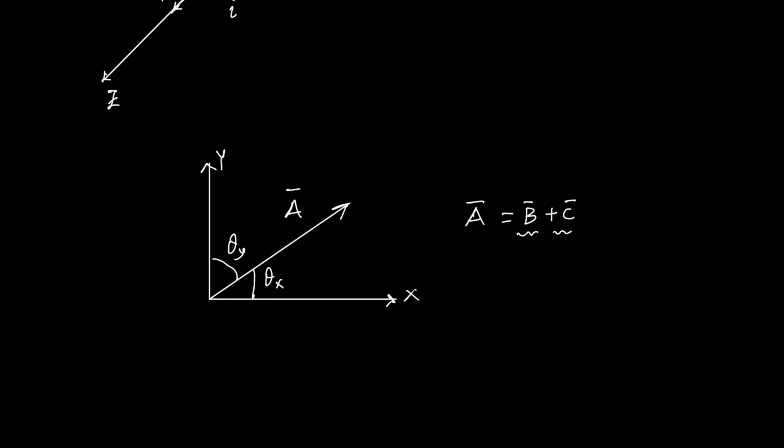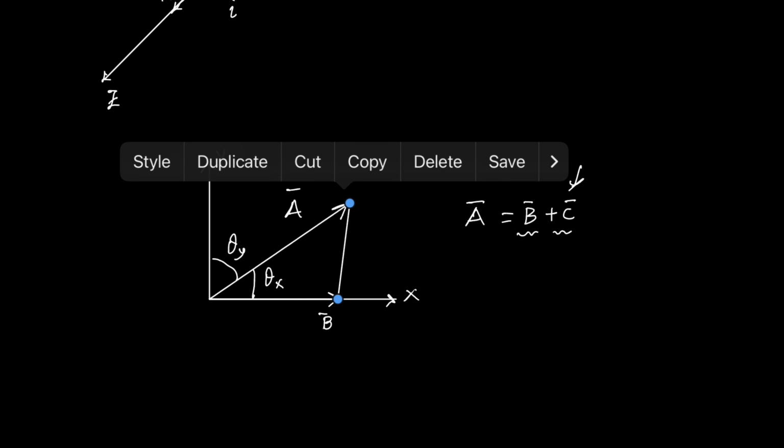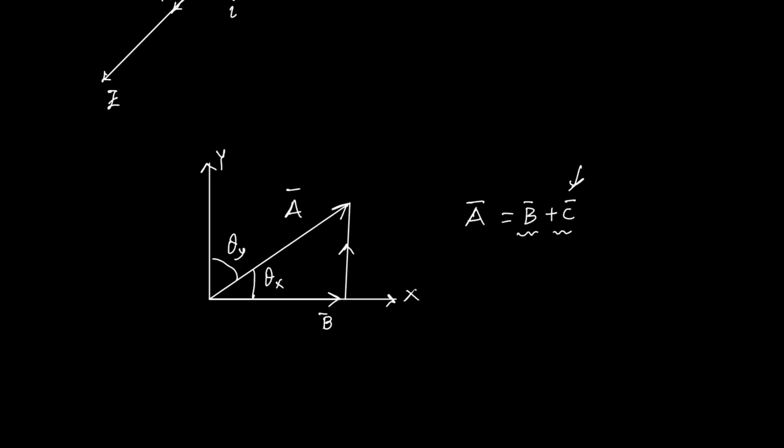So in the figure we'll show B and C like this. B is a vector in direction x and C is a vector in y direction, and these two vectors are such that when added they give A. So B and C are components of A.